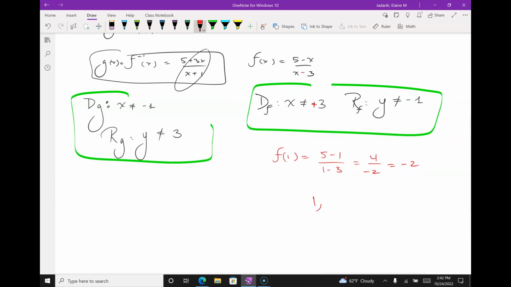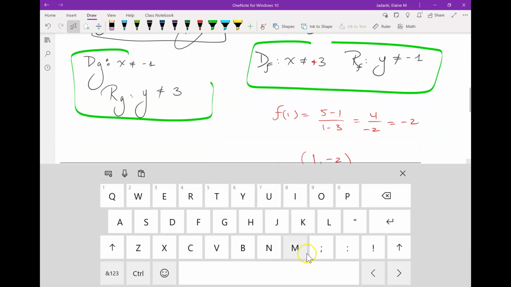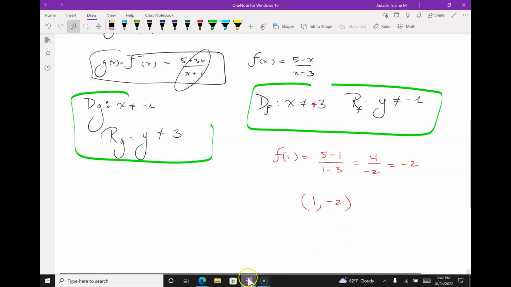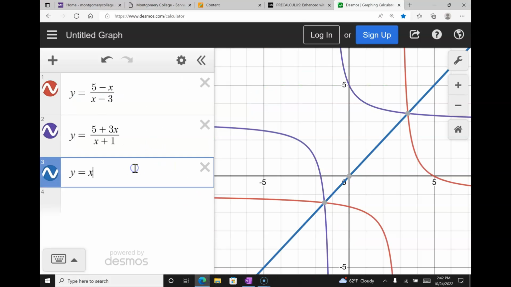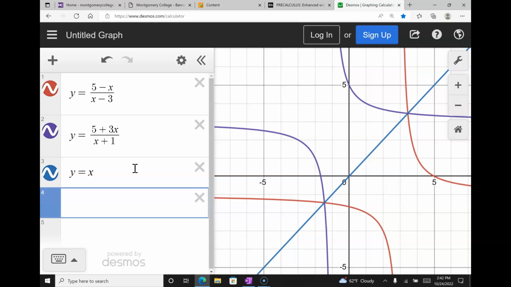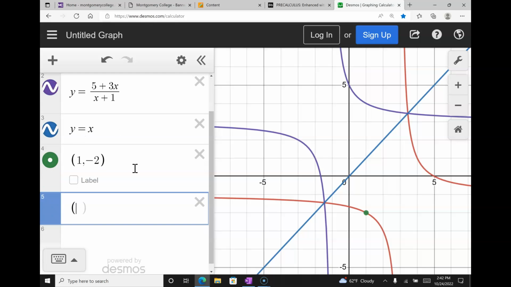So on my original function, which is in red, I have the point 1, negative 2. Which means on my inverse function, in purple, I had better have what point? Negative 2, 1. That's it. That's a key.